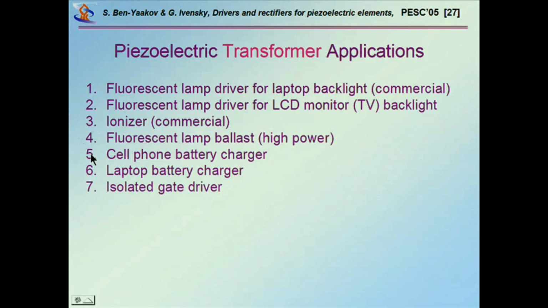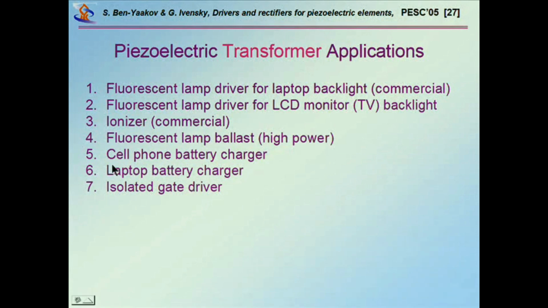For higher or larger fluorescent lamps, there are some examples, although as far as I know, there's no production of high power fluorescent ballast lamp. I mean, like 30 watts or something like that, or 18 watts. There's no production, although they've been demonstrated it can, of course, be done.